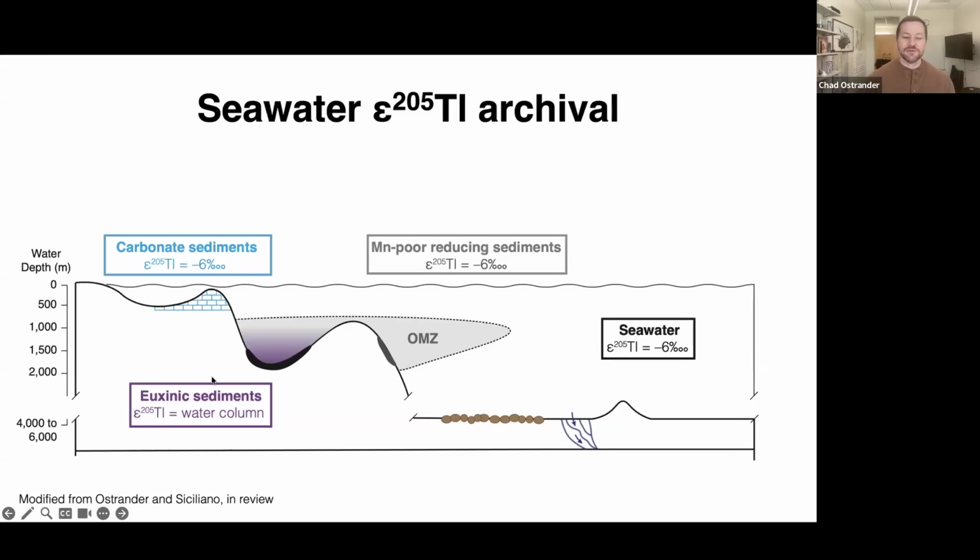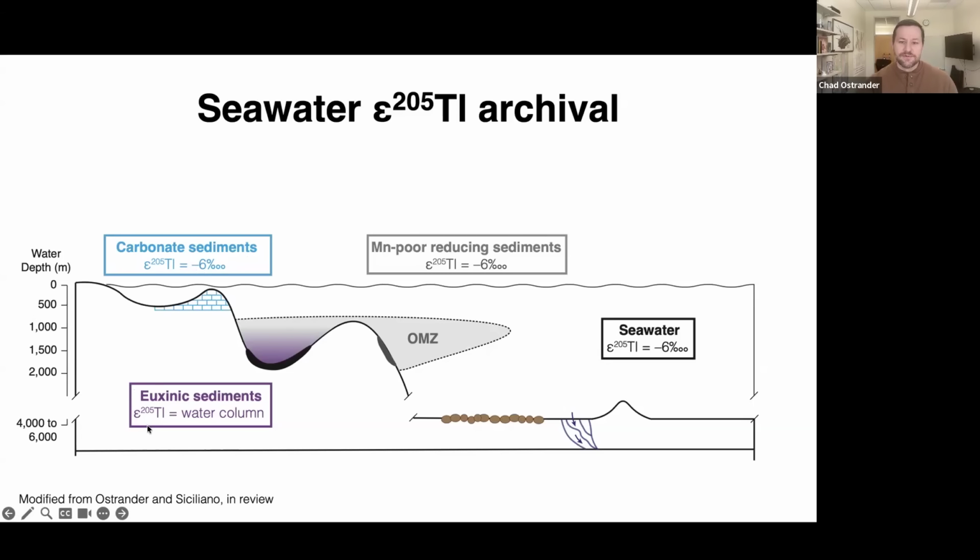Euxinic sediments capture the thallium isotope composition of the overlying water column in places like the Black Sea, the Baltic Sea, Kyllaraki Basin, the Santa Barbara Basin. Upwelling zones with really manganese-poor sediments, so very little manganese oxide contributions, can also capture the seawater thallium isotope composition. And again, carbonates can also do that.